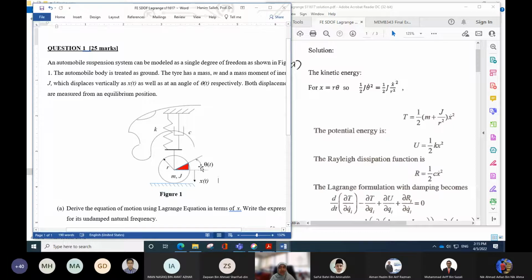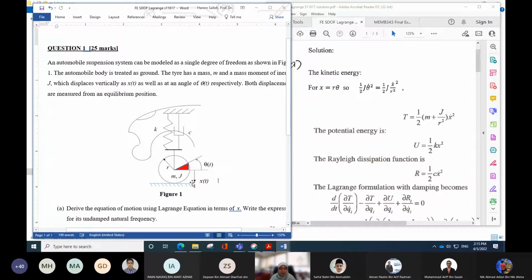So this red triangle describes the relationship between X and theta, which is X equals r theta.